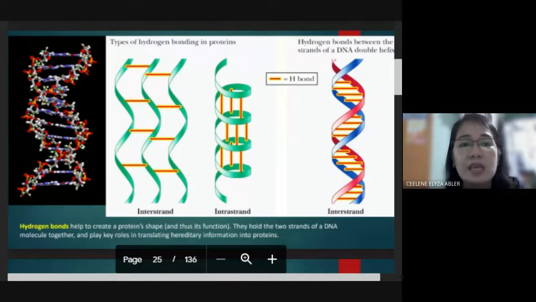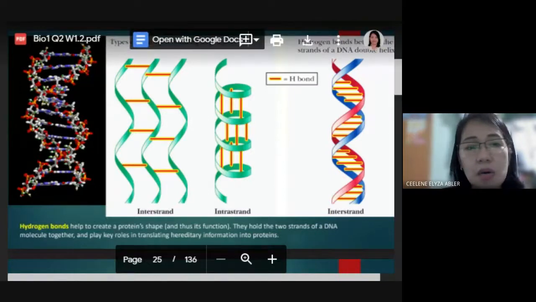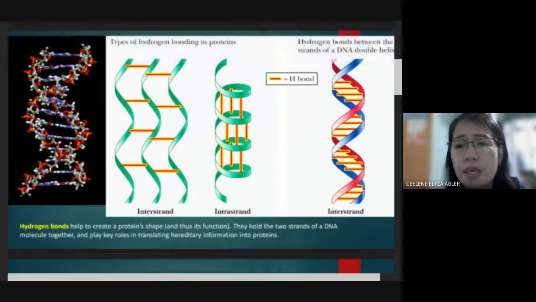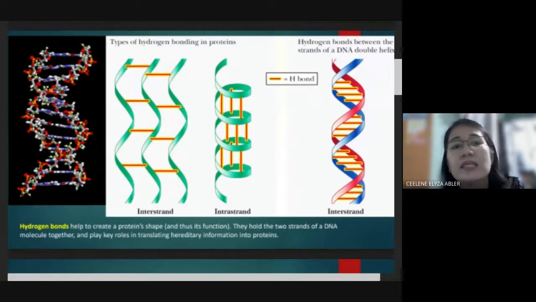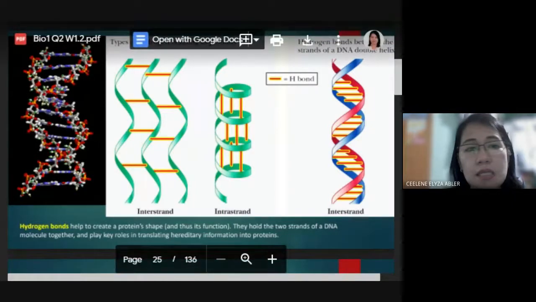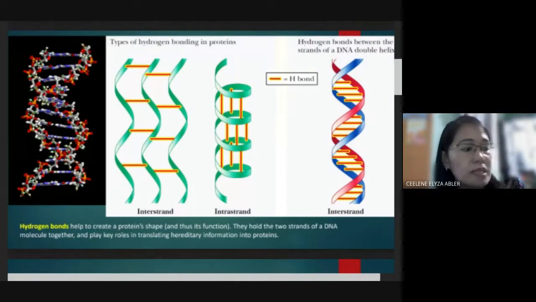So we have here interstrand, intrastrand na hydrogen bonding. Meron tayo yung mga beta and alpha pleats natin sa ating RNA or sa mga proteins natin. So this is pleating actually, we call it pleating. So meron kayong example niyan sa inyong module 2.